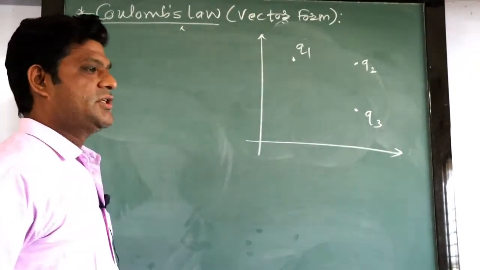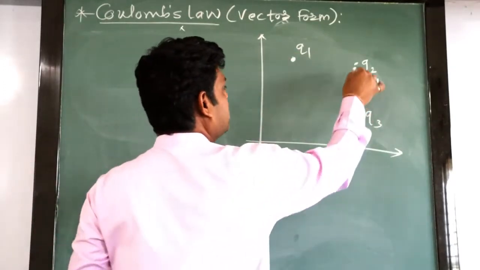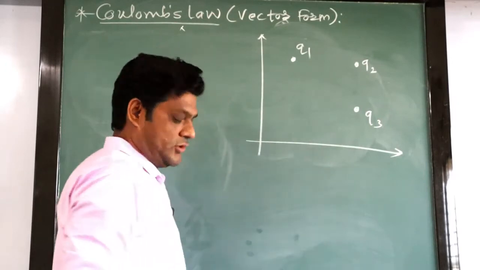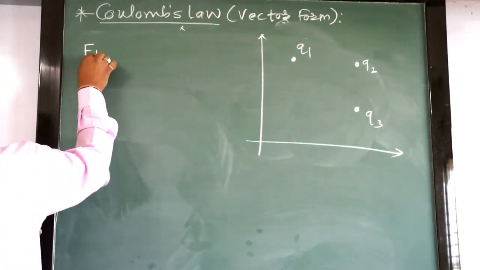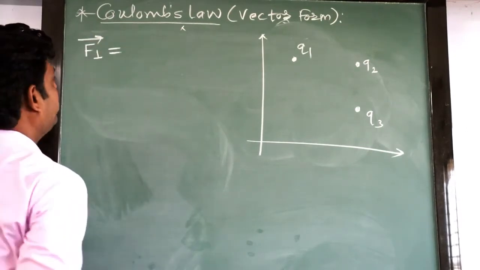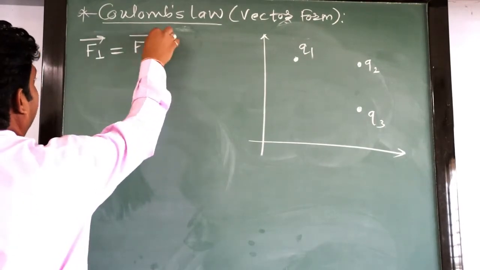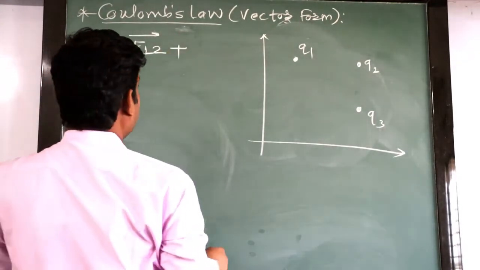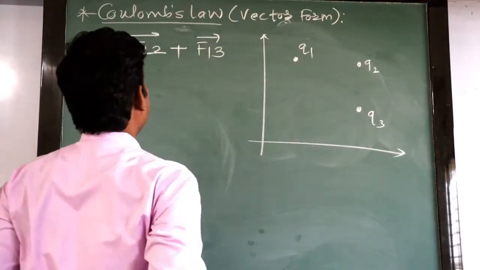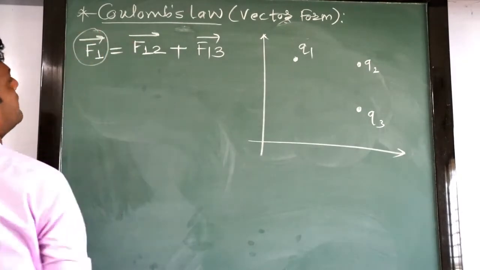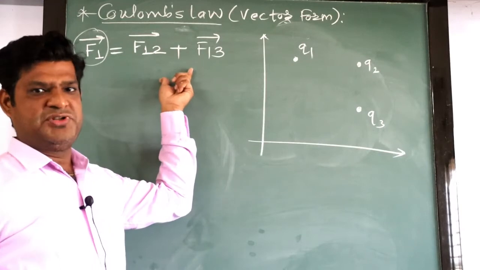We are going to calculate, suppose, the force acting on the first charge due to the second and third. So we will write mathematically like this: force acting on first charge will be the force acting on first due to second, plus another force acting on 1 due to 3. In this way we can calculate the force acting on the first charge. This statement is known as the superposition principle.